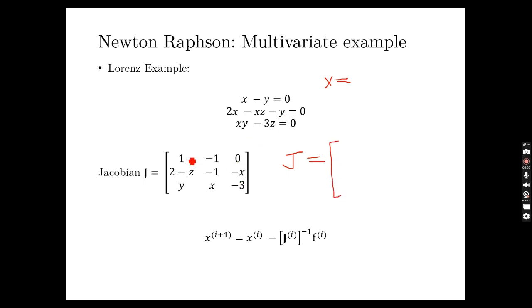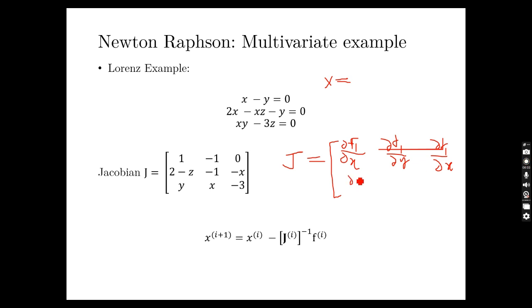in this case I would take the differentiation of the first equation with respect to the first variable, which in this case is x. Then again the first equation with respect to the second variable, and similarly the first equation with respect to the third variable.